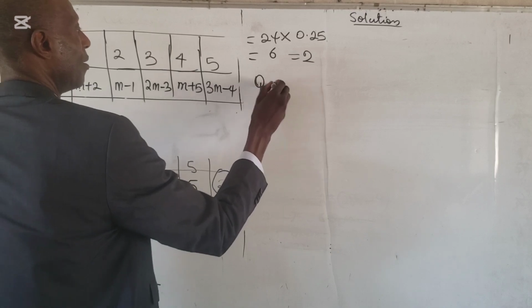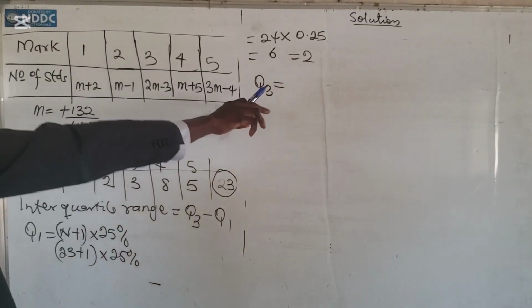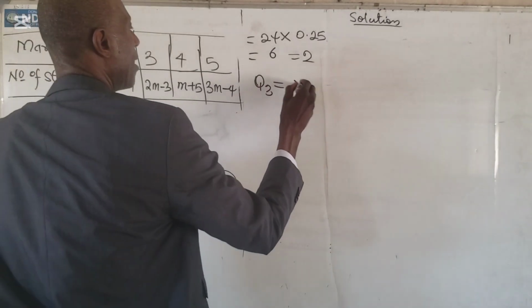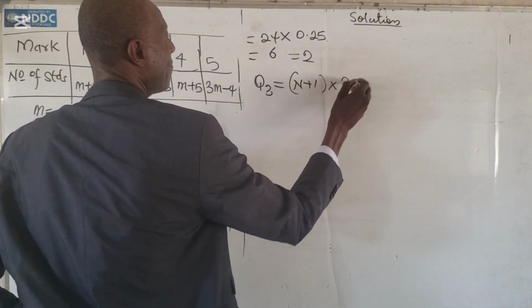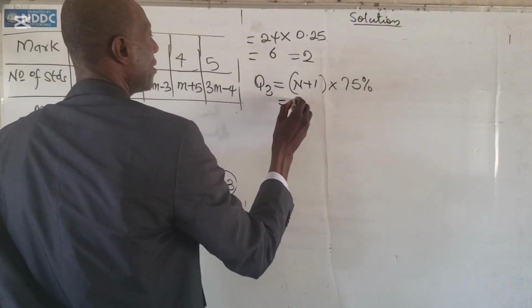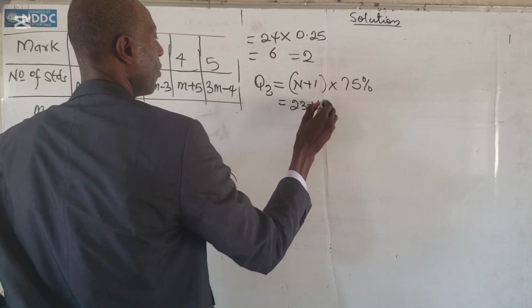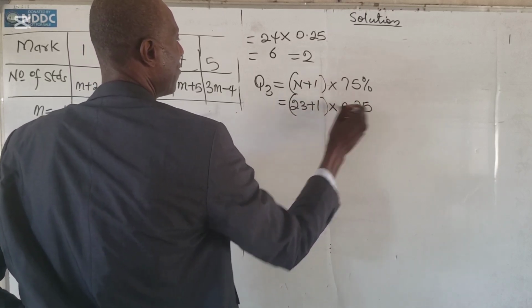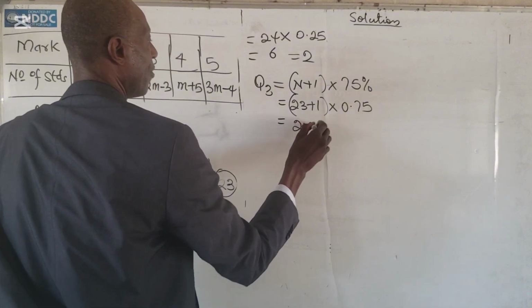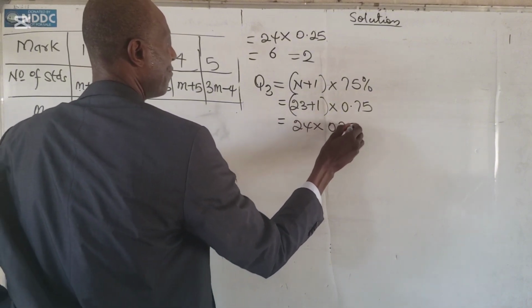Q3, the upper quartile, is n plus 1 times 75%. It's 23 plus 1 times 0.75, so 24 times 0.75.